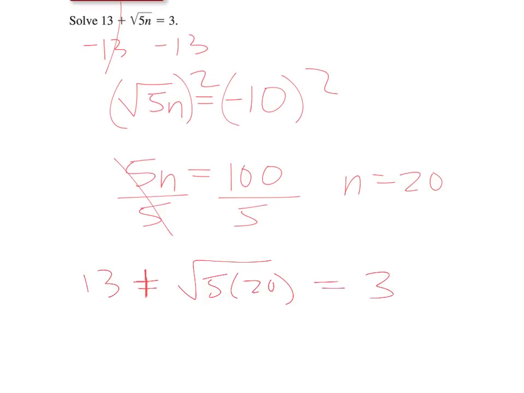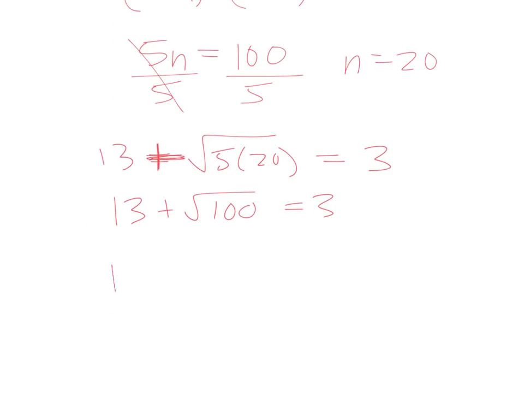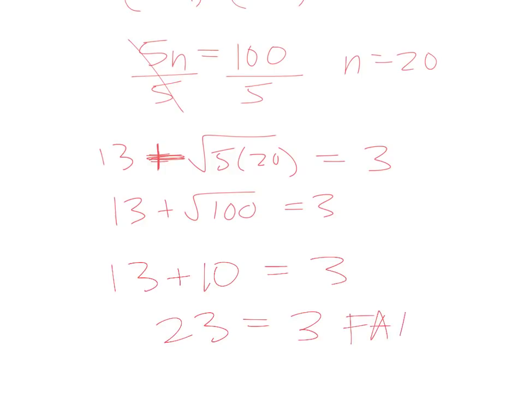Oh, sorry, this should say plus. I have 13 plus 10 is equal to 3, so I get 23 is equal to 3. That's false. So there's actually no solution for this problem. That's an extraneous solution. That's all there is to it.